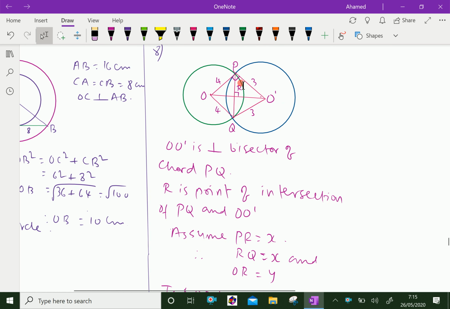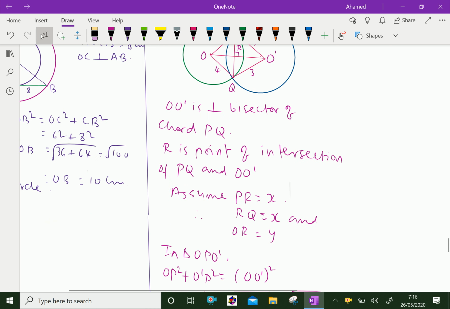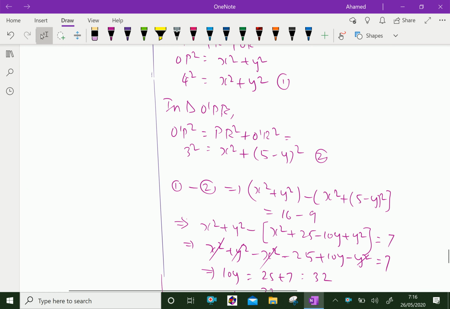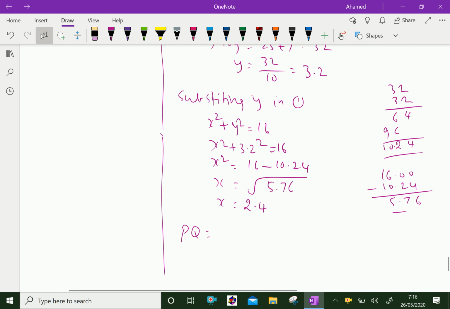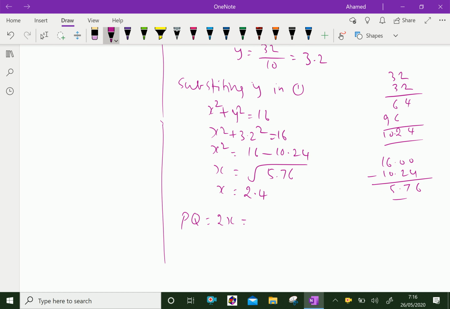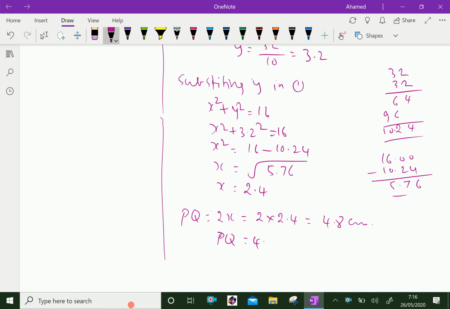PQ is PR plus RQ, both are equal, and PR is x, so PQ is 2x, which is 2 into 2.4 equals 4.8 centimeter. Therefore the length of PQ equals 4.8 centimeter.